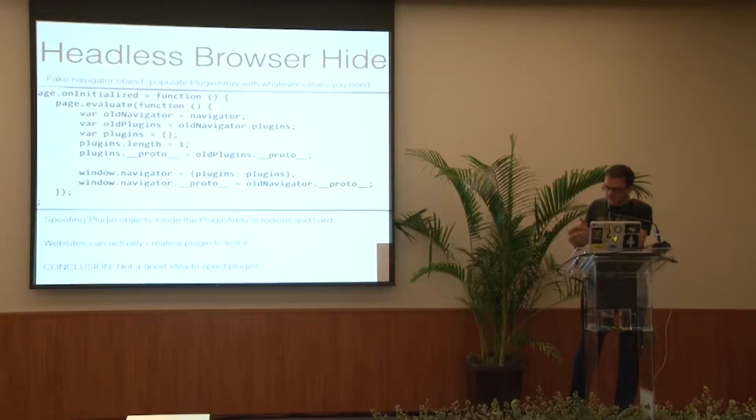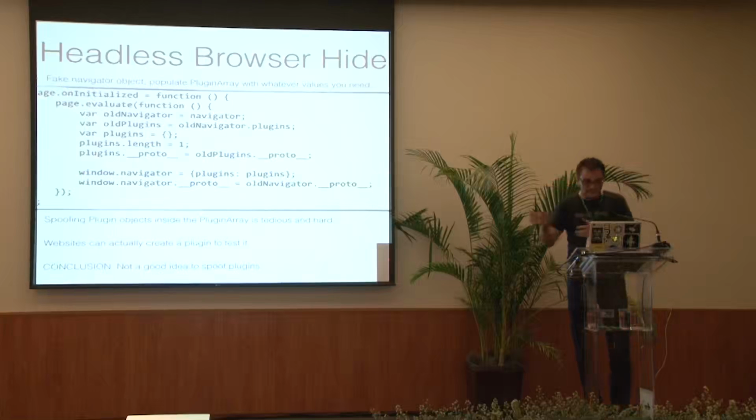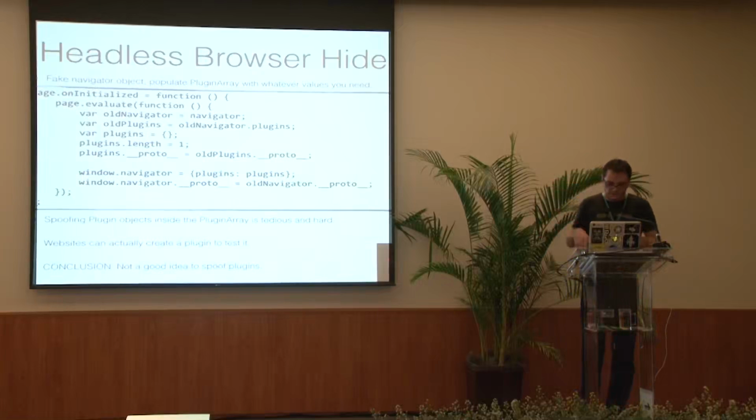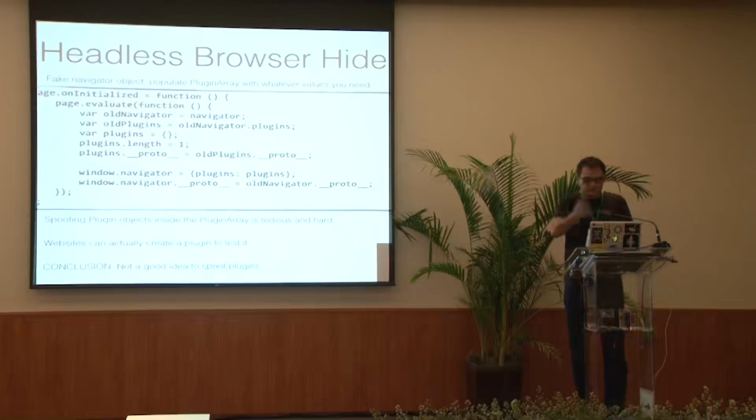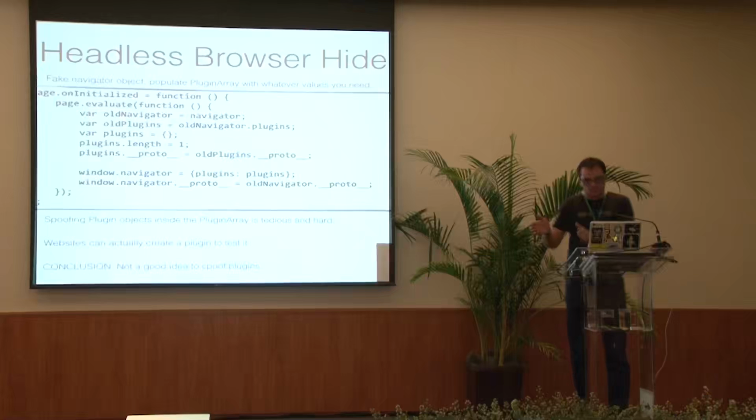But if you take the existing plugin array and populate your fake one with the existing constructor, create exactly the same object, and then fill it up with something, or just change the length to 1, as in this case, and then you create your fake navigator object, and then you just change the reference. We know that the original navigator object is read-only, but the reference to the navigator object isn't read-only. So you can just point the original navigator reference to your newly created navigator, and that's the trick.